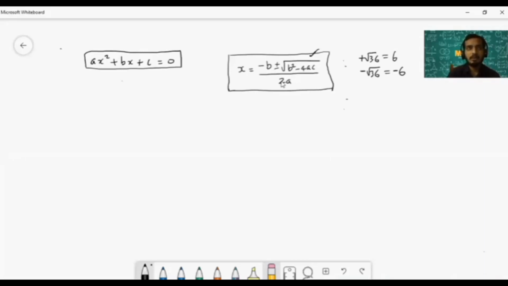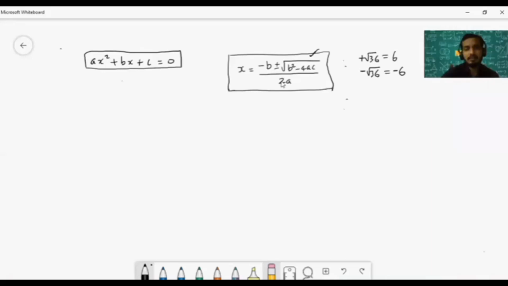So the solution of a quadratic equation need not be a unique solution. How many maximum solutions or roots will there be for a second degree equation? Maximum 2. It is the same as the zeros of a quadratic polynomial. How many zeros are there for a quadratic polynomial? Maximum 2.